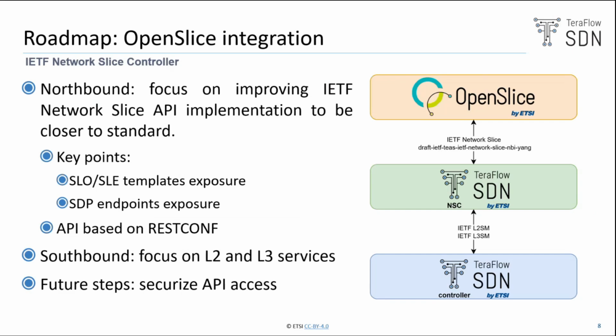So, the first point I wanted to highlight in the roadmap is the integration with OpenSlice SDGs. From the conversations we are keeping, we reached an agreement that in terms of the southbound, the communication to the controller, we will be focusing on layer 2 and layer 3 services.